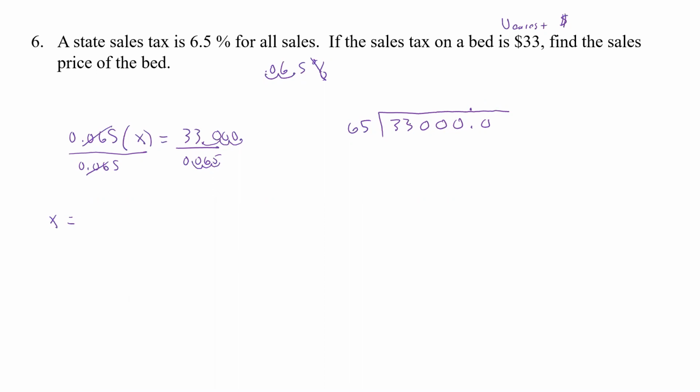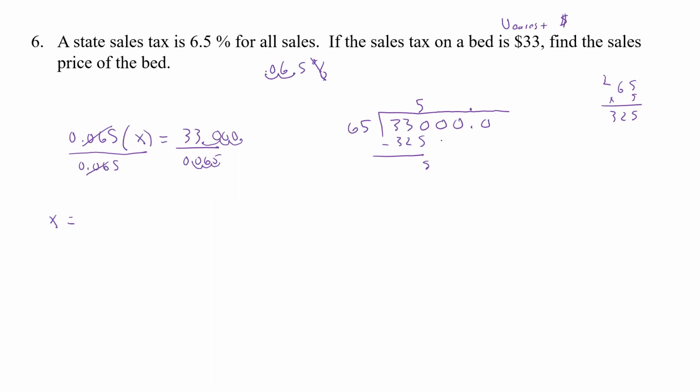So 65 times what is 330? Well, if we take 65 times 5, what does that give us? That gives us 25. That's 32, so that's close enough. So we take that times 5, that's 325.